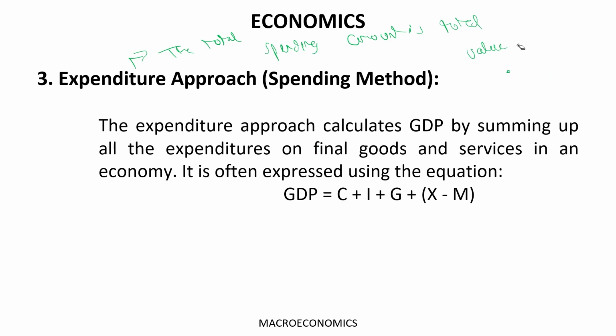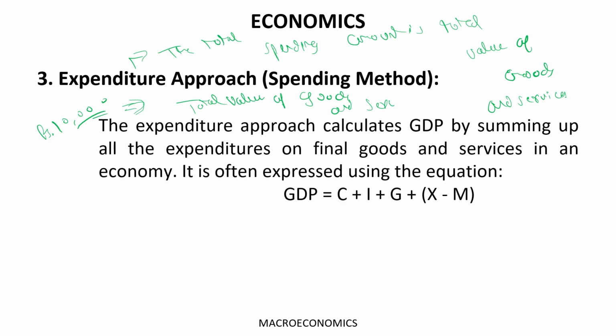So this is the expenditure method's basic approach. Like if people spent rupees 10,000 on consumption of various things during a certain time period, then this 10,000 was what? It is the total value of goods and services which were produced during the consumption.